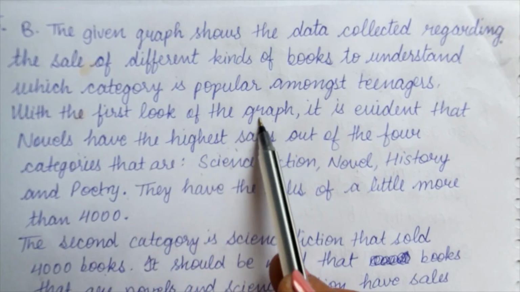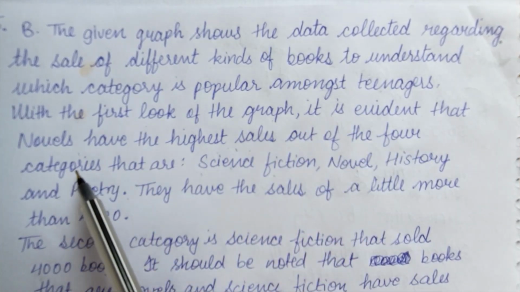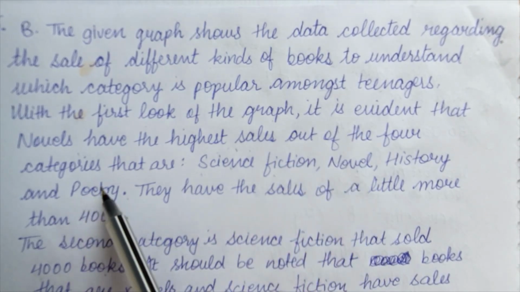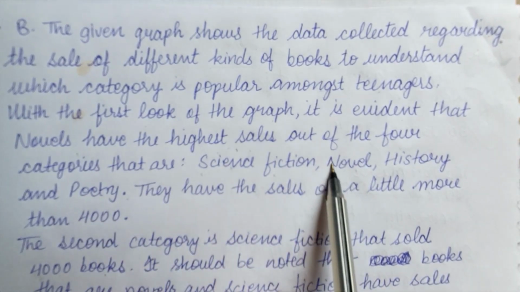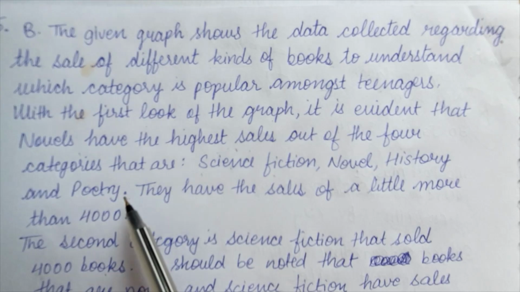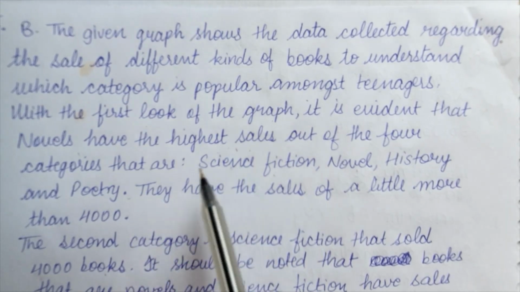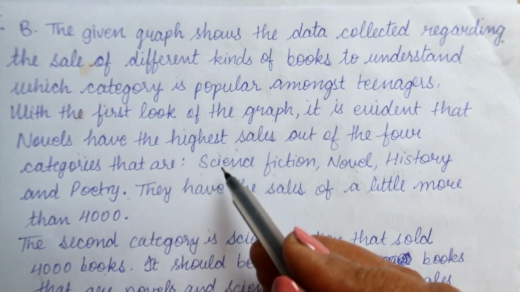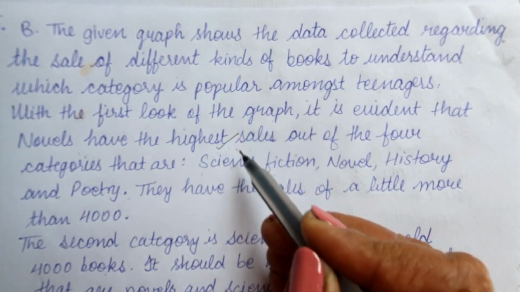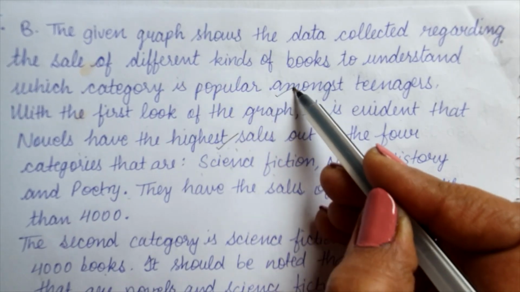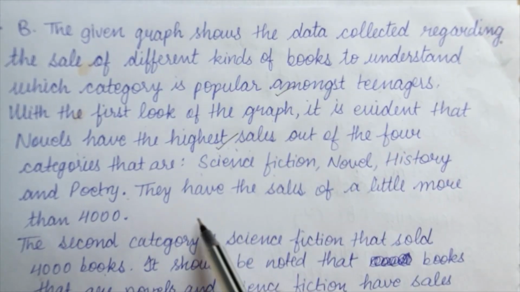With the first look of the graph, it is evident that novels have the highest sales out of the four categories, that are science fiction, novel, history, and poetry. So out of four categories, novels has the highest. So this one analysis has been done, and introductory sentence is also written.